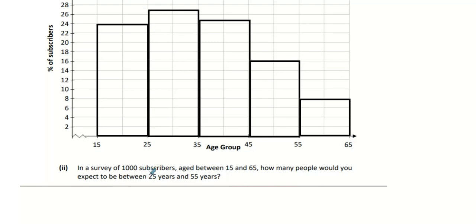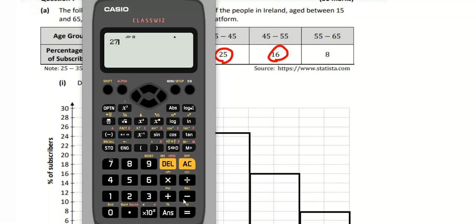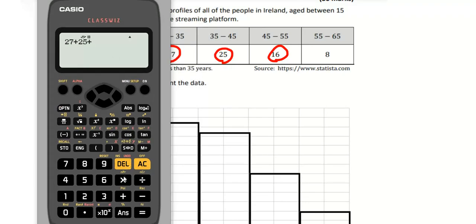In a survey of 1,000 subscribers aged between 15 and 65, how many people would you expect to be between 25 and 55 years? So 25 to 55. 25, that's 27, another 25, and another 16%. So that's 27 plus 25 plus 16.